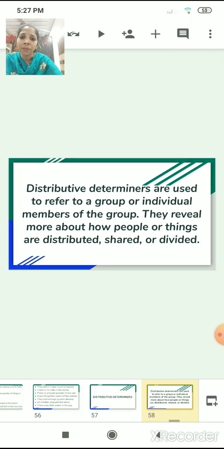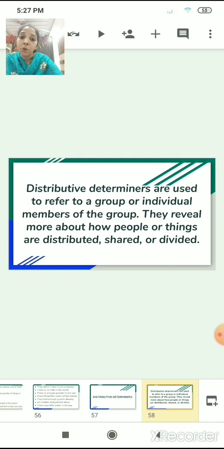Now the next determiner, distributive determiners. Now let us see what this distributive determiner is. Distributive determiners refer to a group or individual members of the group.